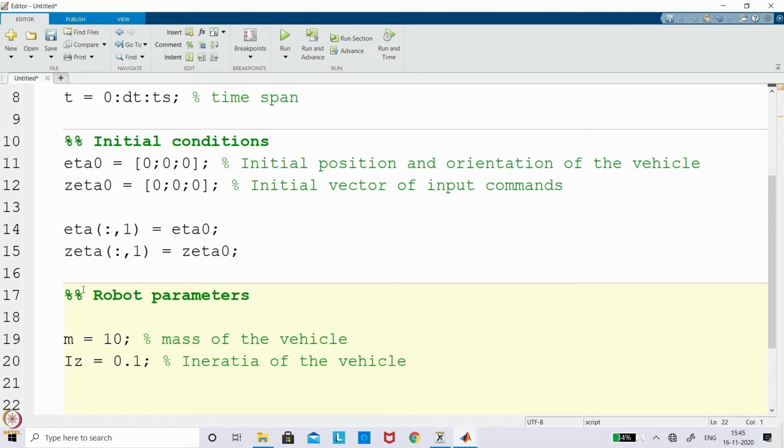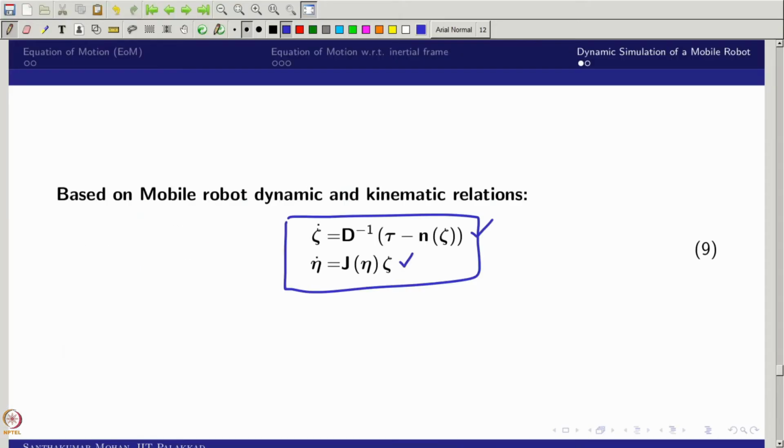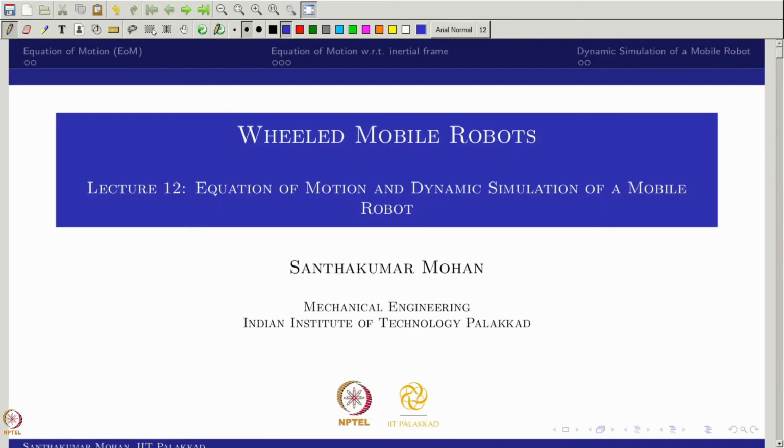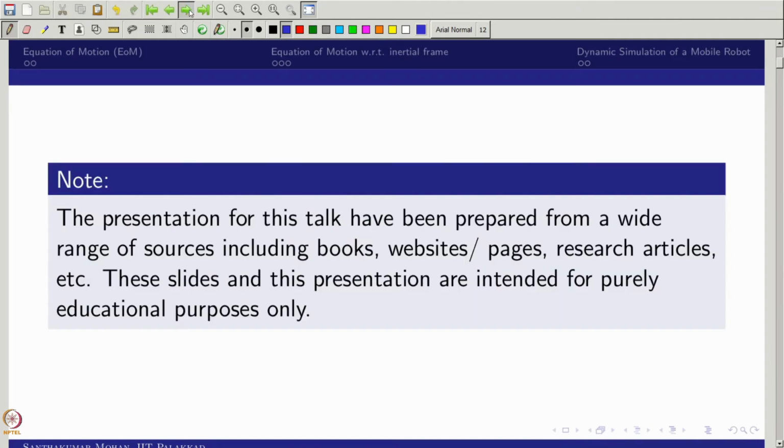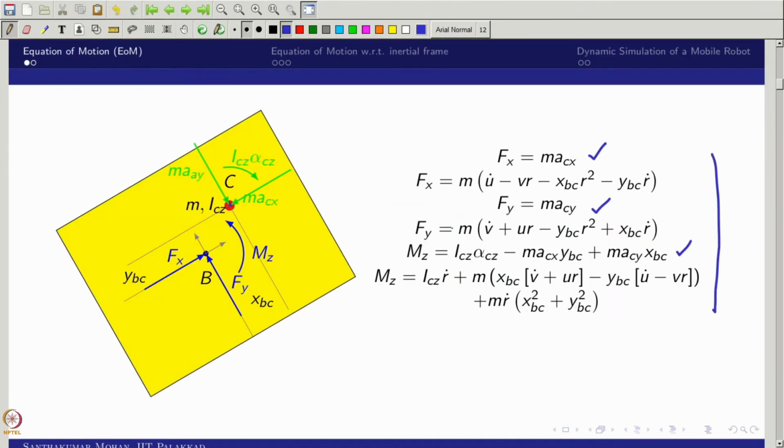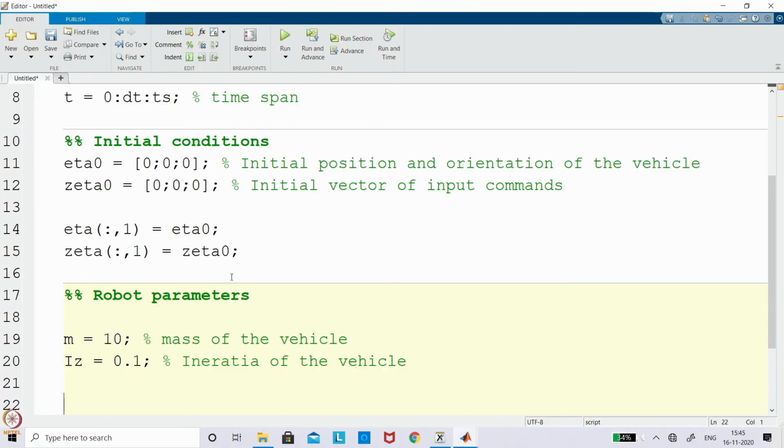So is there anything else required? You can open the slide where we were talking about this. I'll just show you. So here you can see, is there anything else coming? No, right? But if the CG and the body frame are away from each other, then you have to bring the coordinates of C with respect to B, right? So that also I will bring here.